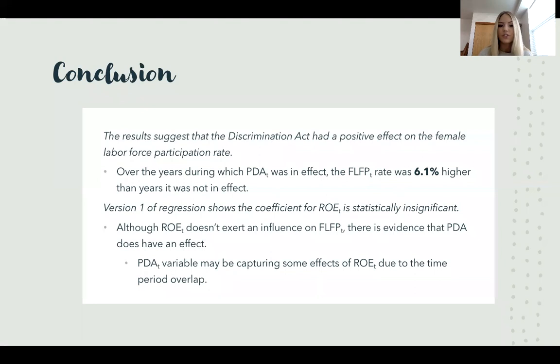Version 1 of the regression shows the coefficient for Roe is statistically insignificant. So although Roe doesn't exert an influence on female labor force participation, there is evidence that PDA does have an effect. It is possible that the Pregnancy Discrimination Act variable may be capturing some of the effects of Roe versus Wade just due to the time period overlap.